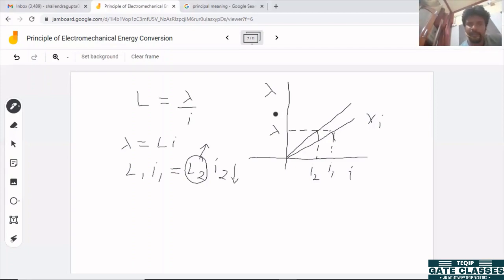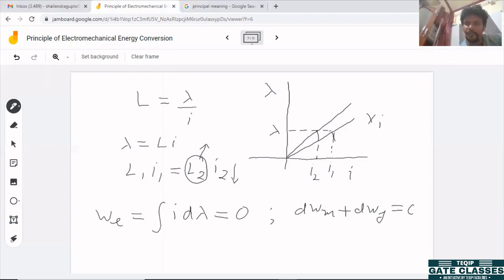So if we use this system, then what will be the input electrical energy? If we see, this will come out to be 0. So our expression will become dWm plus dWf will be equal to 0.